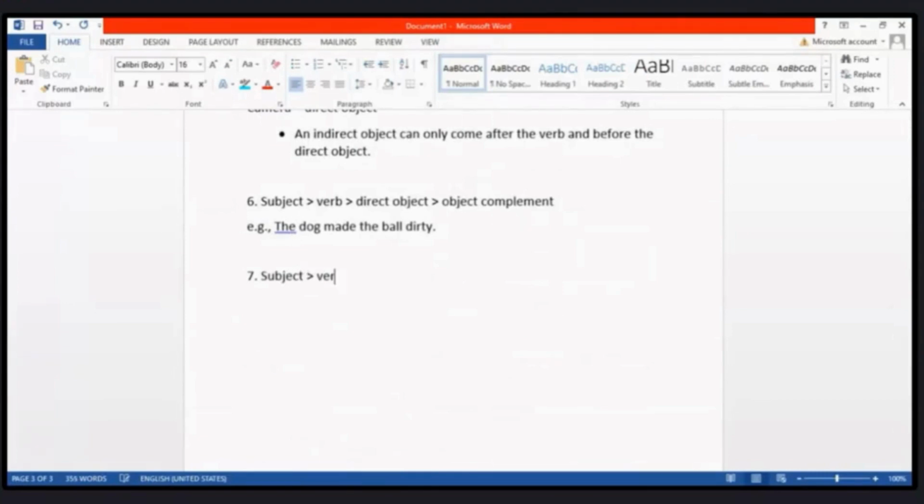So keep this in mind, that an adverbial complement describes the verb.